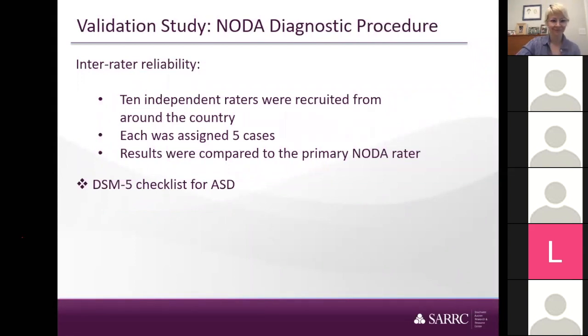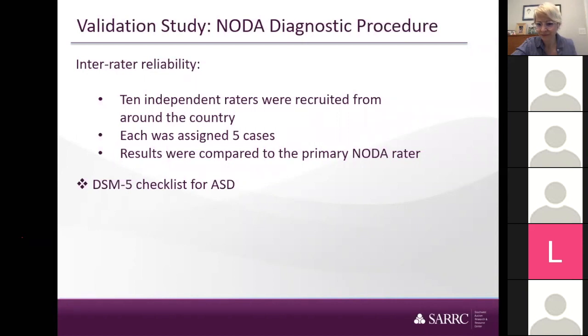And the Noda rater at our site was considered the gold standard rater. And then what we did was recruited 10 independent raters from around the country, really to demonstrate how easily people from around the country could access this information and review the same information and come up with, hopefully, a similar diagnostic determination based on the same information.